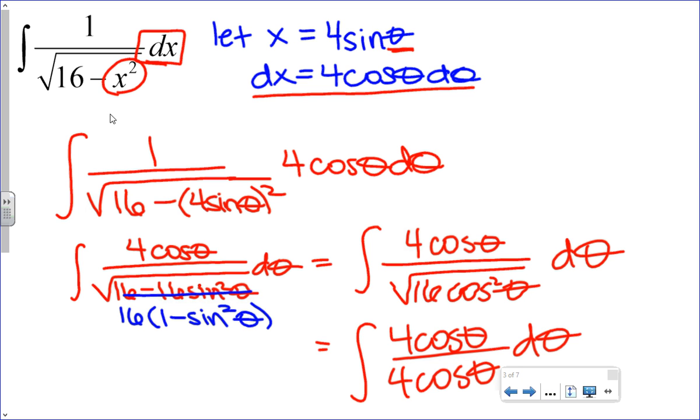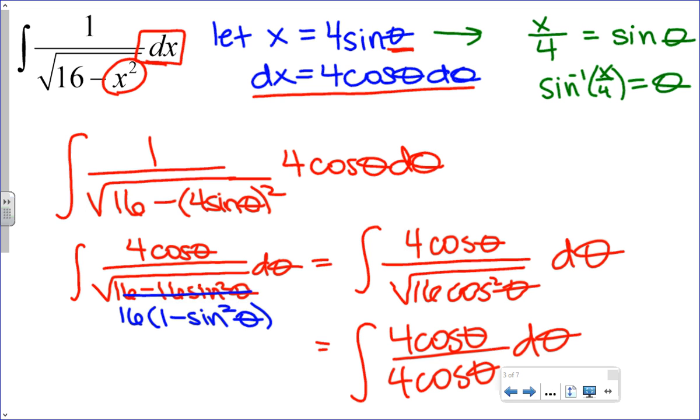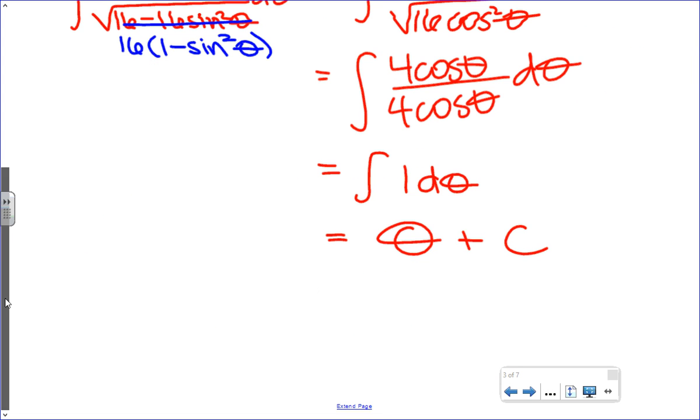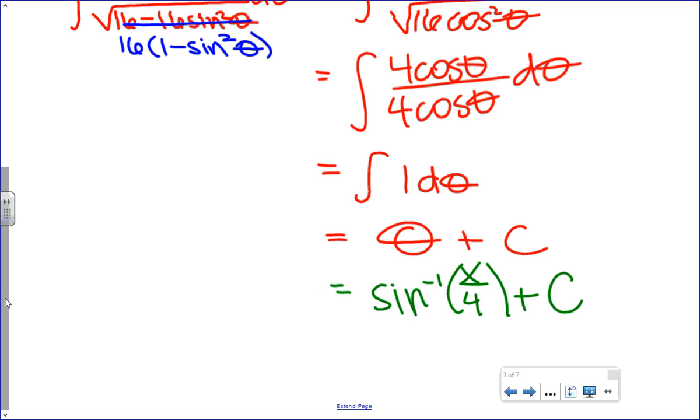If we solve for theta, we have x over 4 equals sine of theta. So the inverse sine of x over 4 would equal theta, which means our antiderivative is inverse sine of x over 4 plus c.